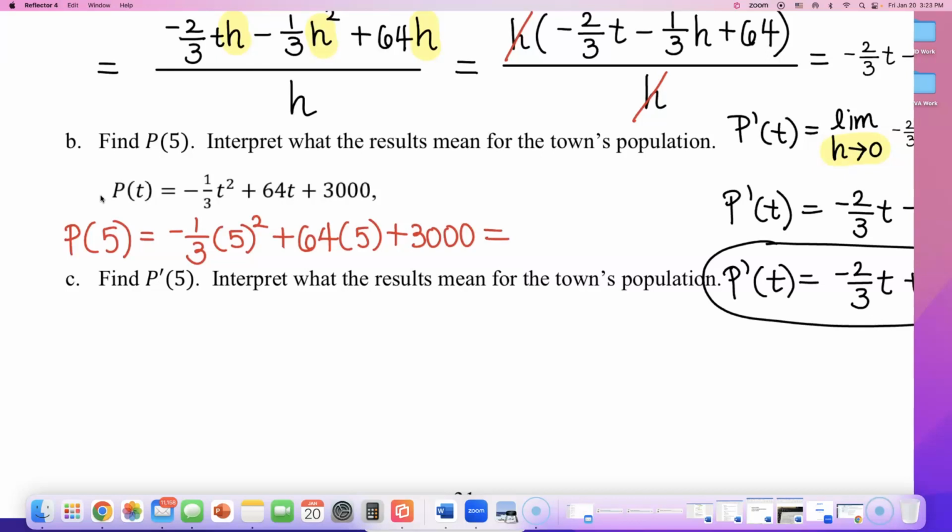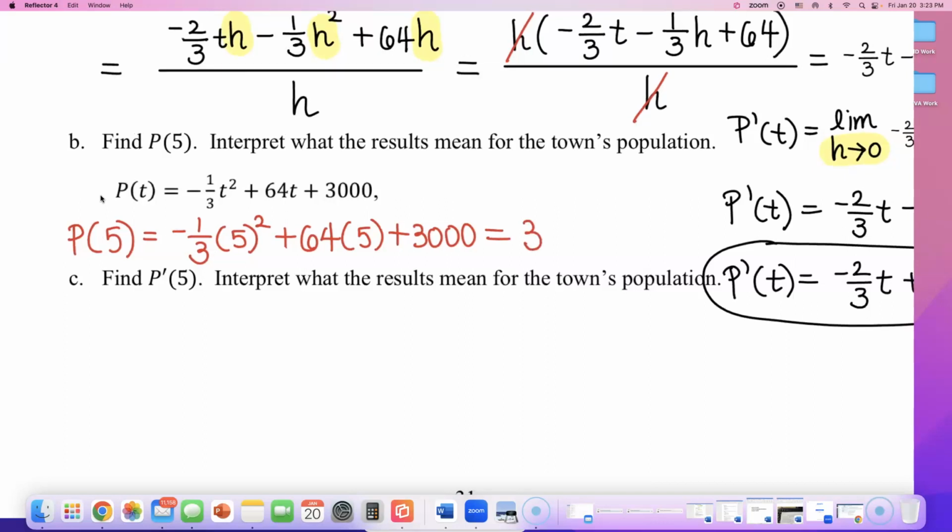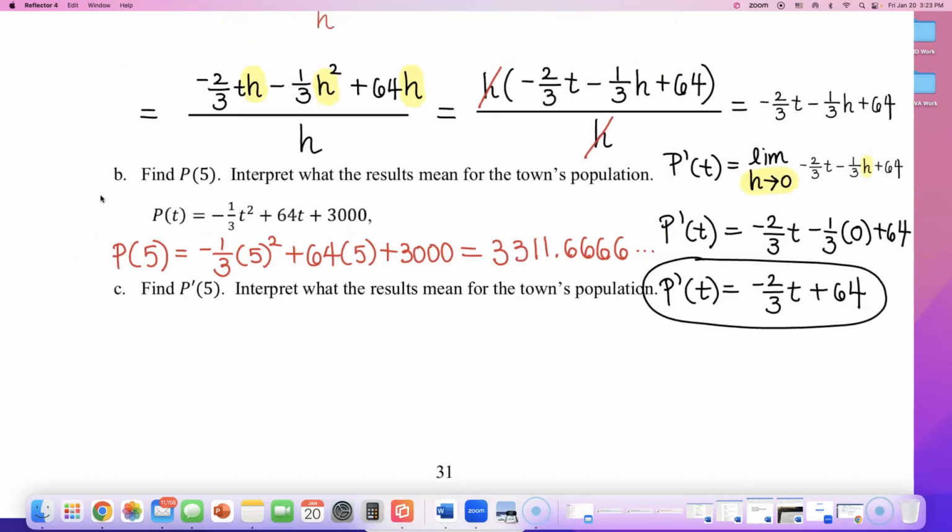When I type that in to my scientific calculator, I get 3,311.666666. Okay, that's what I get. 6 repeating. But remember, this was, I think, thousands of people, right?